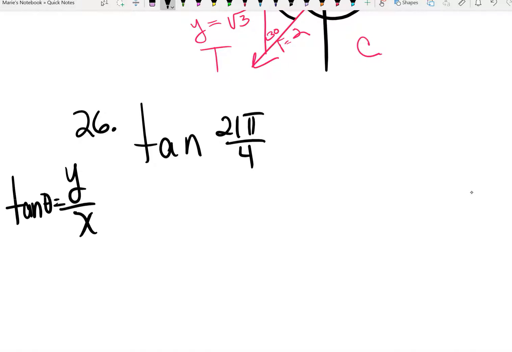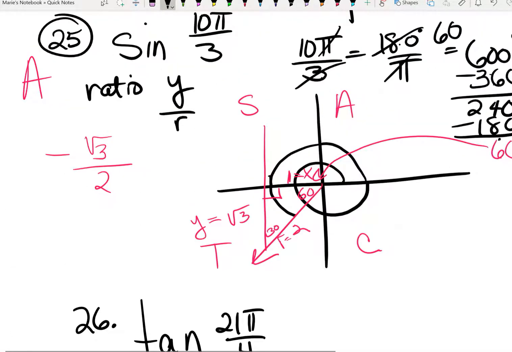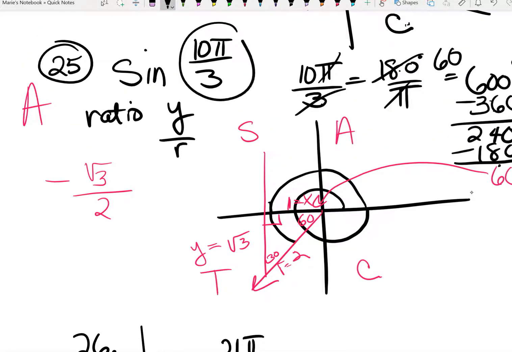And by the way, just for the record, let me go back to 25. 10 pi over 3. You could just take 10 divided by 3. 3 goes into 10 3 times with a remainder of 1. So which is really pi over 3, right?